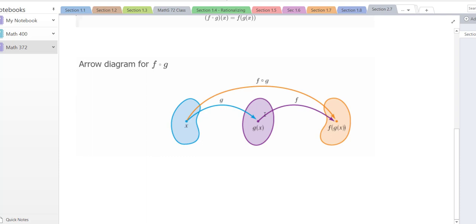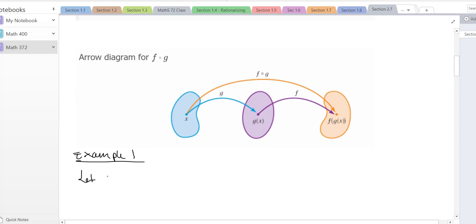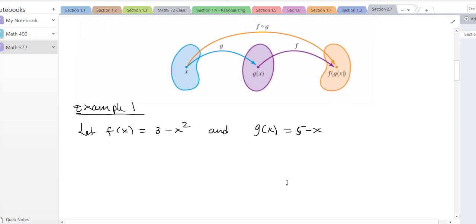So let's start with example 1. Let f of x be 3 minus x squared and g of x be 5 minus x. Looking at these, always identify the domain of your function first.